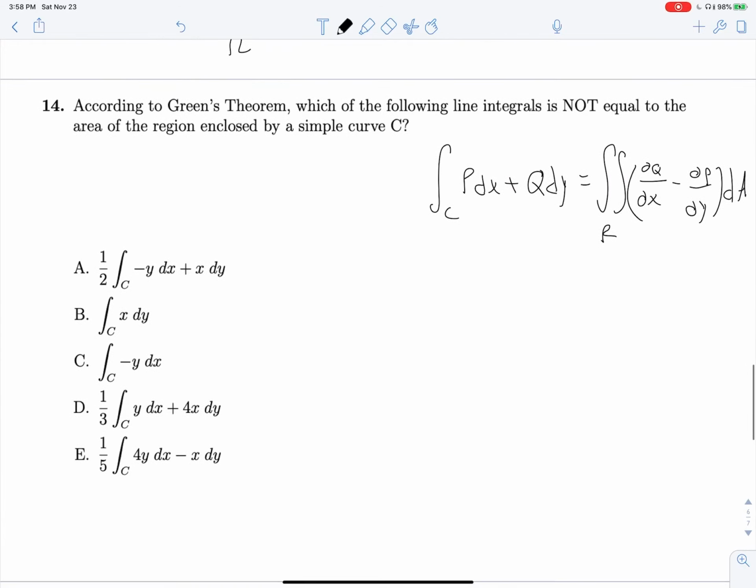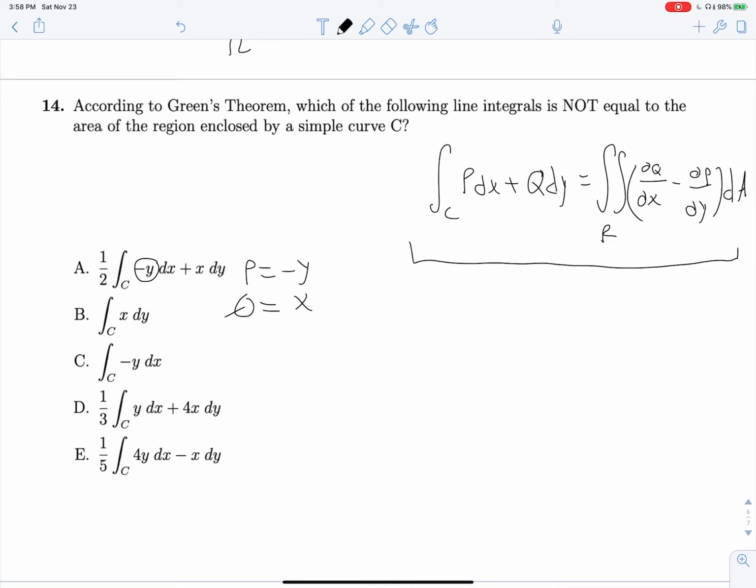And let's keep going. According to Green's theorem, which of the following line integrals is not equal to the area of the region enclosed by a simple curve C? I just have Green's theorem written out here, and we can use a little trick to figure these out. Here, for example, we can assign P to negative y, and we can assign Q to x.